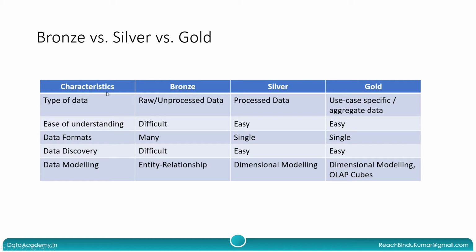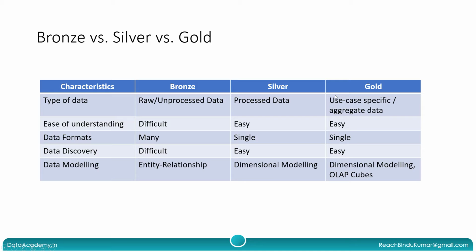Let's look at here. So we have the characteristics, and then we have the different levels, bronze, silver, and gold. The type of data is usually raw or unprocessed in bronze. So bronze is very much your staging layer. In silver, you have processed data.